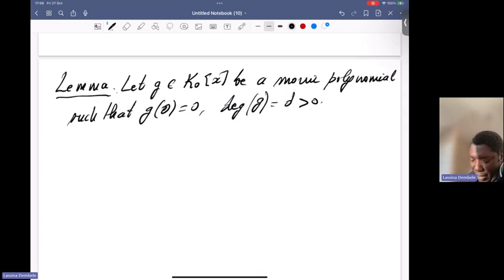And now we are going to let M be the module we get by quotienting.